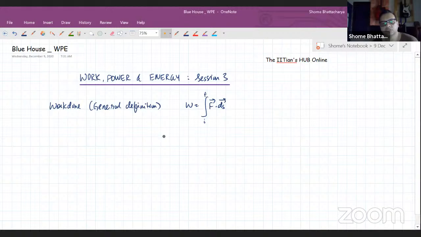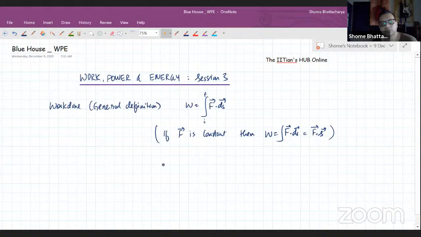Of course, in this we saw that if force is constant, then this path integration itself becomes force dot product with displacement. So that we already understood before.